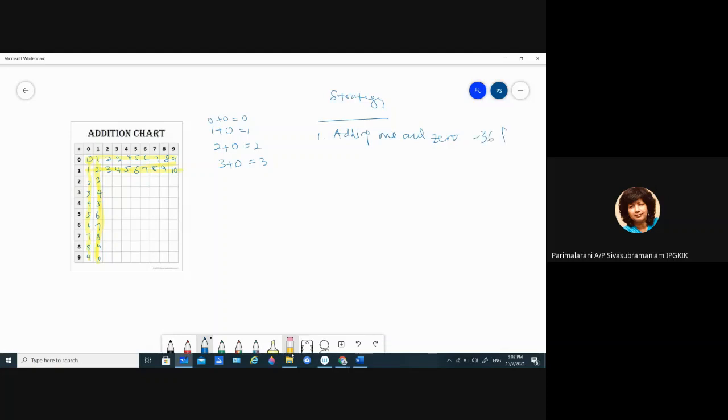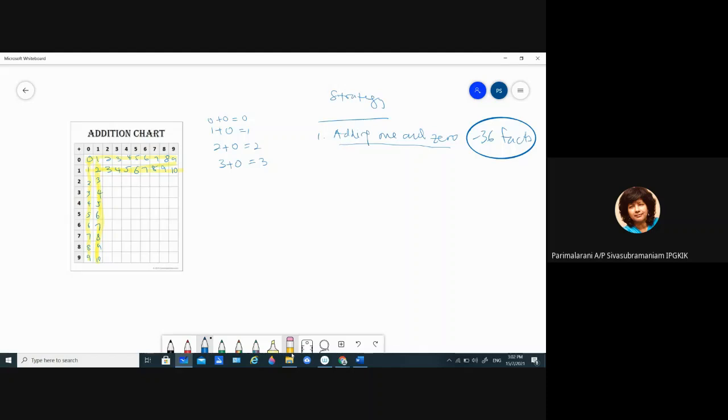The first 2 rows is 20 facts, and then 22, 24, 26, 28, 30, 32, 34, 36. That means 36 facts we can teach just by using this strategy, adding 1 and 0.